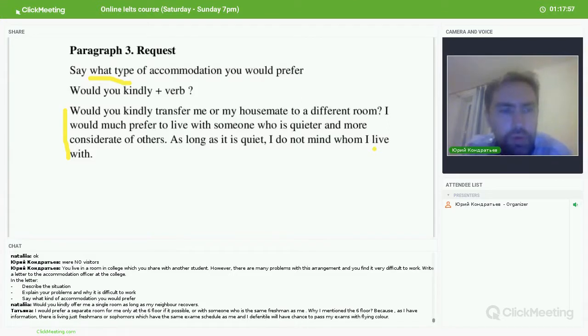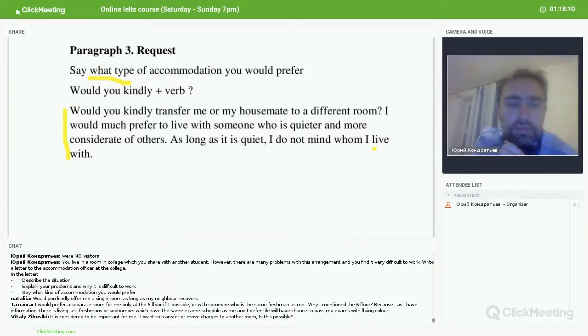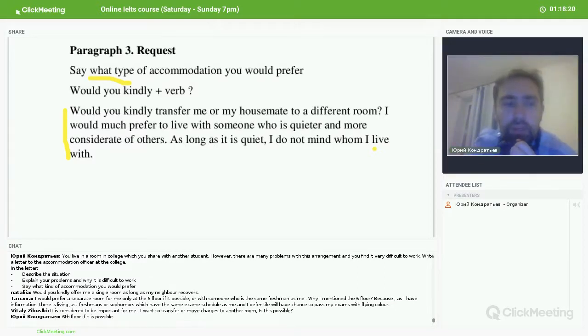Okay, so I would prefer a separate room for me only on the 6th floor, if it is possible, or with someone who is the same freshman.